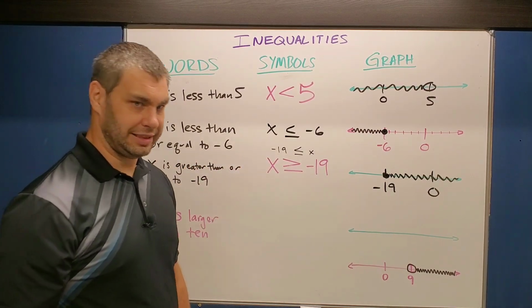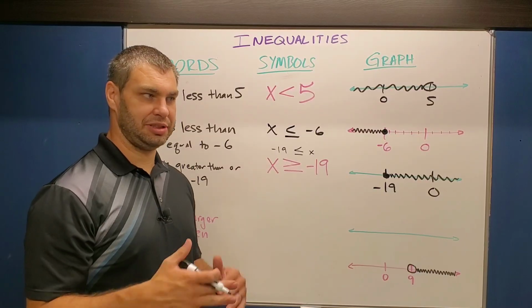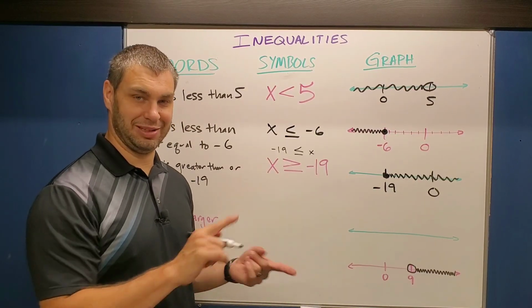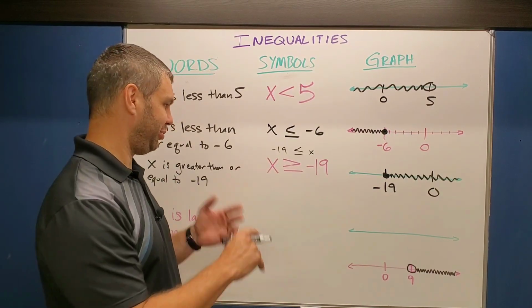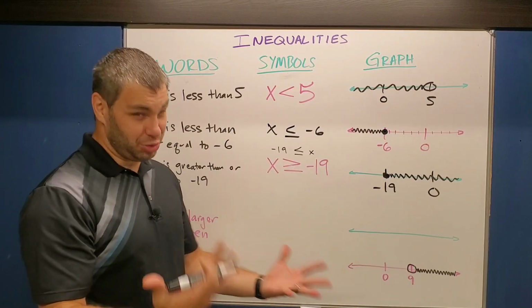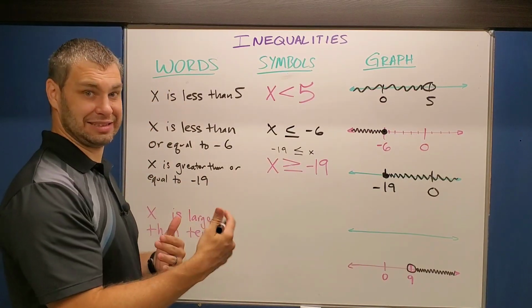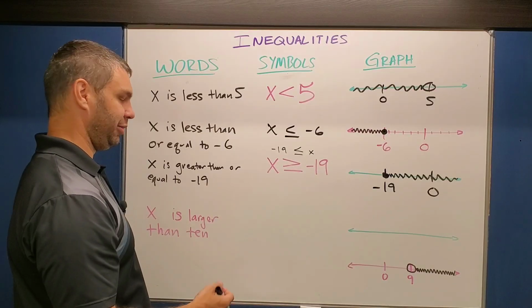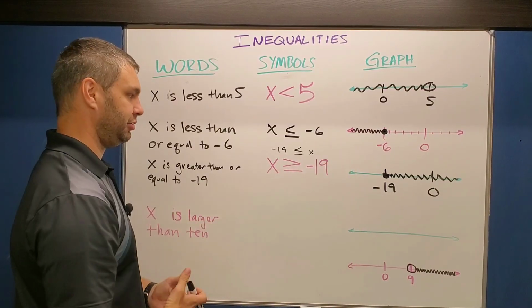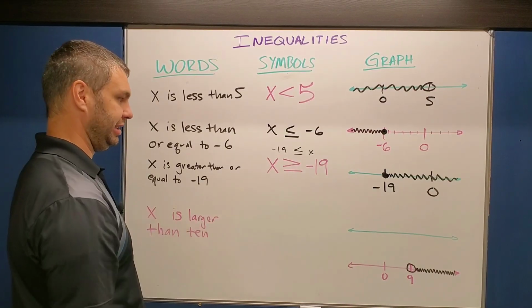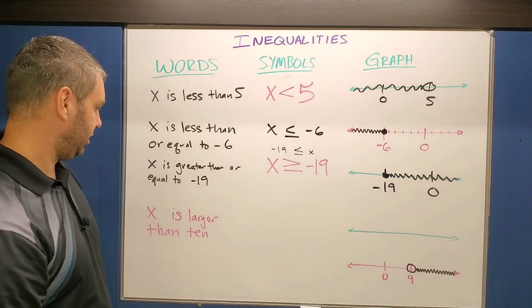Now, if you want to get fancy, I don't suggest that. I usually suggest doing it as simple as possible. That's going to be the fastest and probably the most accurate. But if you do want to get fancy, you could say something like x is at least -19. That way it has to be greater than or equal to.